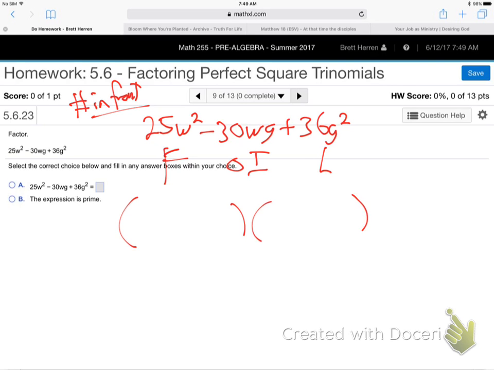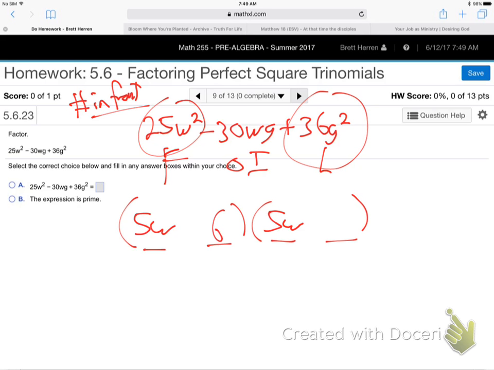Everybody seeing that? So front times front to make front. What times what's 25w squared? 5w. 5w. Good. And then last times last to make 36g squared. What times what makes 36g squared? 6g. 6g.